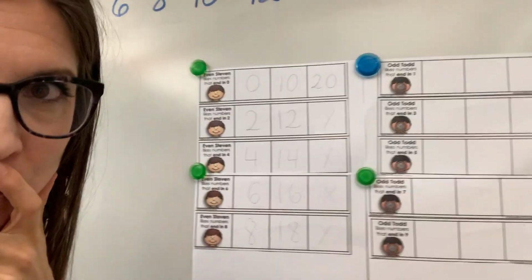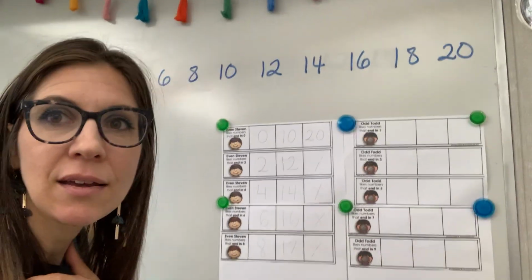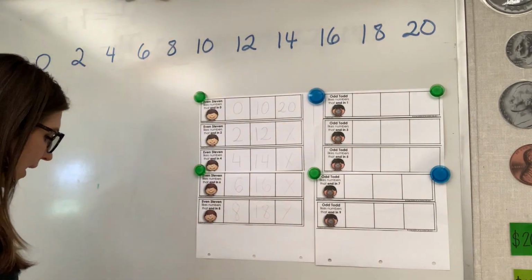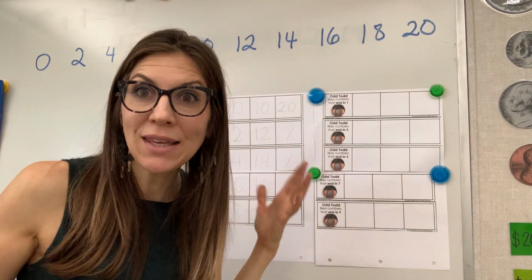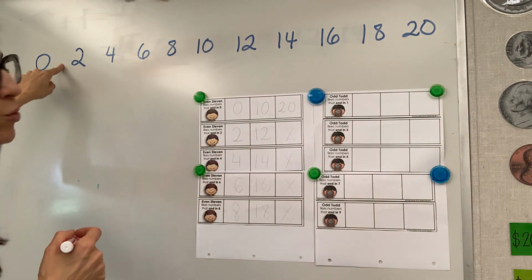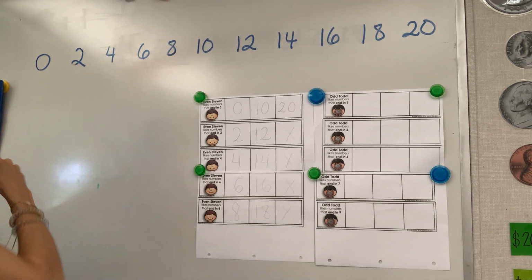All right, I'm going to show you over here on our number line. From 0, let's see. I'm going to put it a little bit further so you can see the numbers. Okay, let's look over here. So you see this 0 right here? So when we count by 2s and we count with the even numbers, we're skipping numbers. What number do we skip that's supposed to be right here in between?